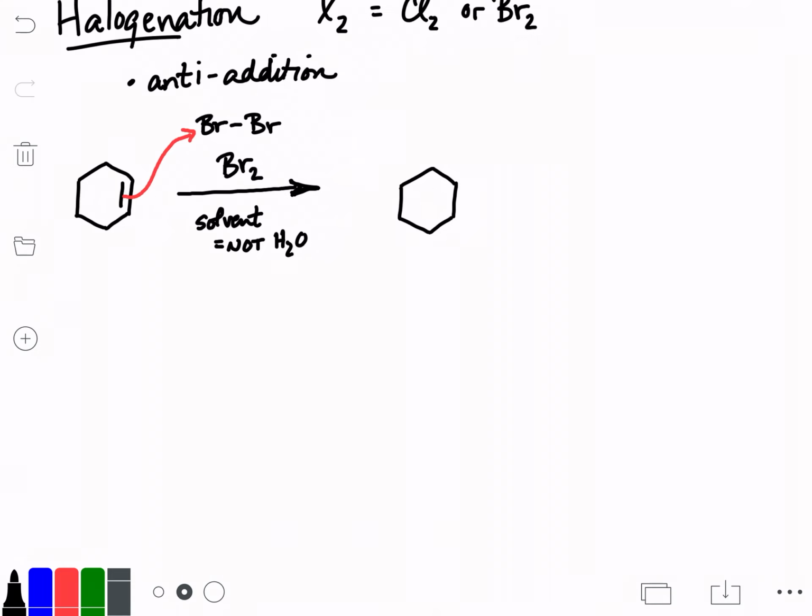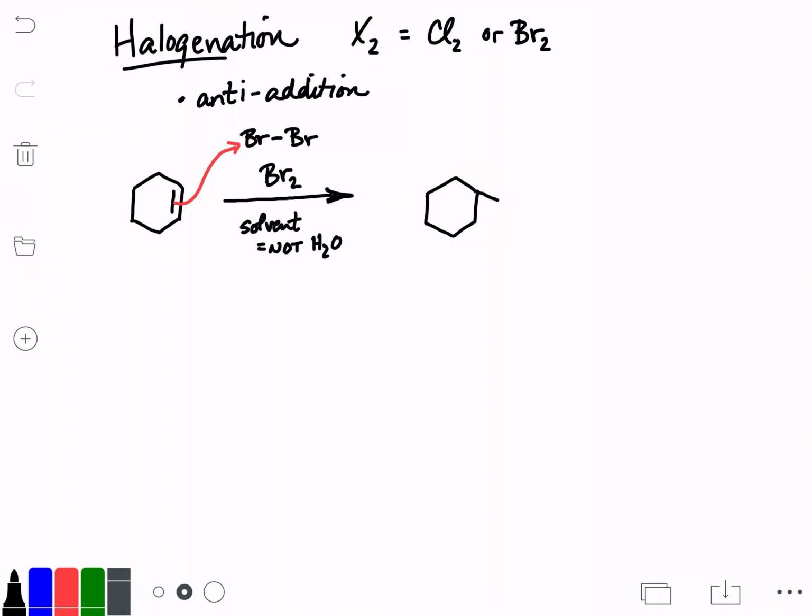And so we end up with the bromine being attached to both in what's called a bromonium ion intermediate.